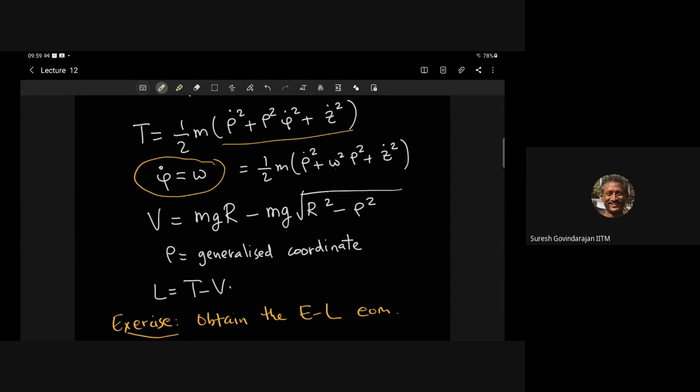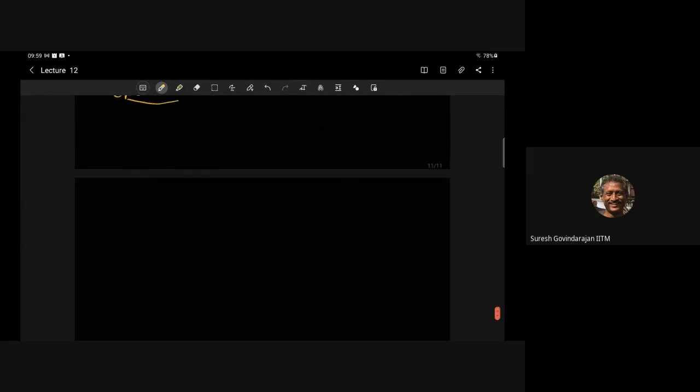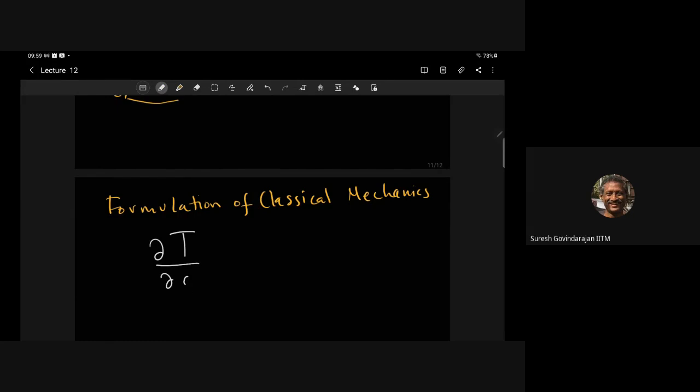Generally, there is this whole formulation of classical mechanics which is pre-Lagrangian, which I am not going into. You will appreciate that, I think. There will be a T, and then you will write something like d by dt of the derivative with respect to q dot equal to generalized forces.